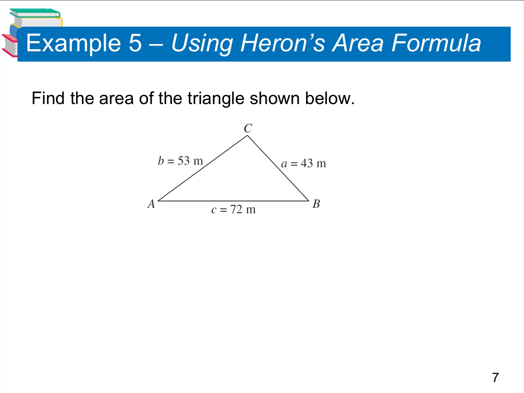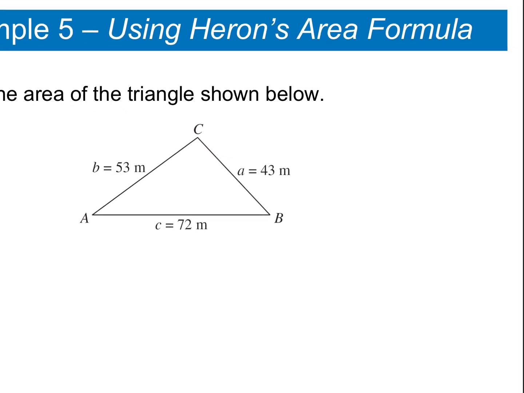So here we want to find the area. First thing we need to do is find s, because we can't use our Heron's formula without knowing what s is. So we add all the sides together and divide by 2. So we have 53 plus 43 plus 72 divided by 2. So we get s is equal to 84.